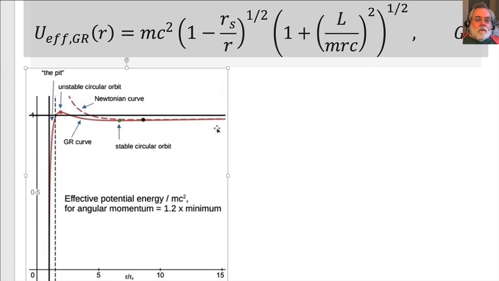The red curve is the general relativity curve, and the Schwarzschild radius here is shown as the solid black vertical line. As the radius gets closer to the Schwarzschild radius, closer to the event horizon, we get the pit, where the energy plunges to zero.